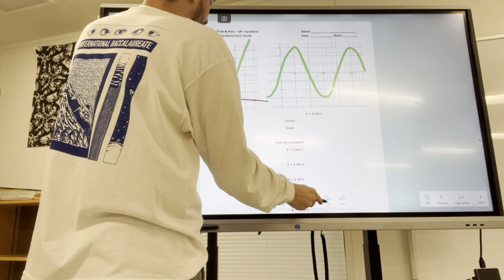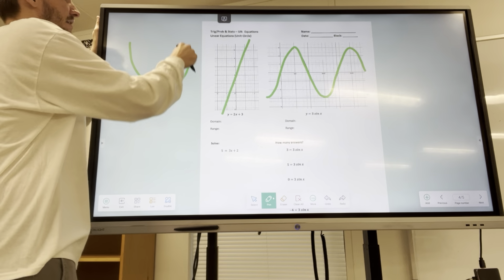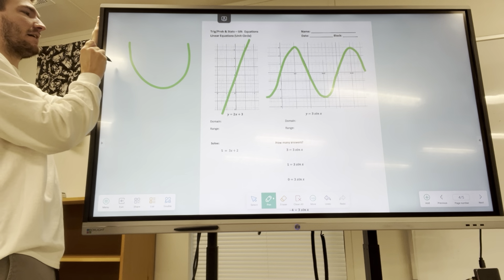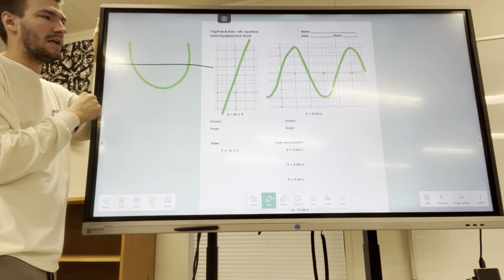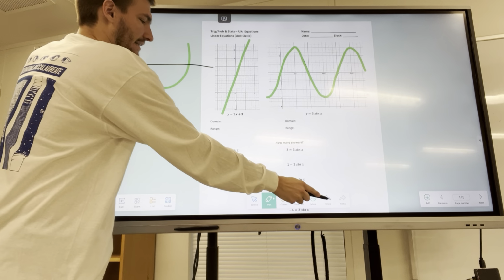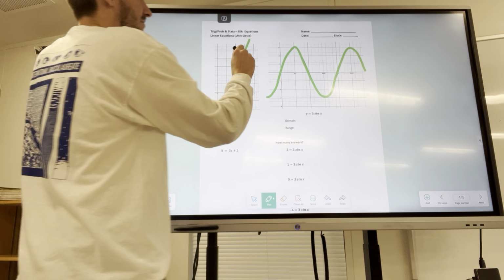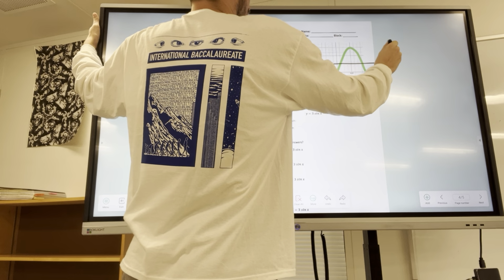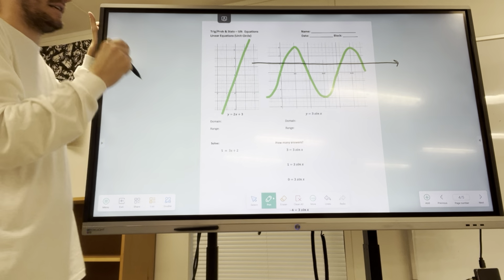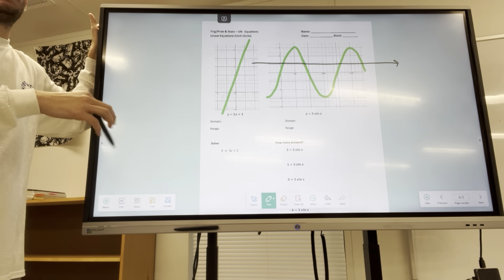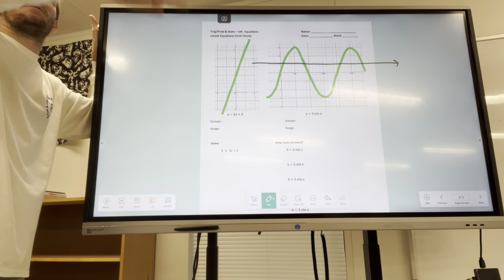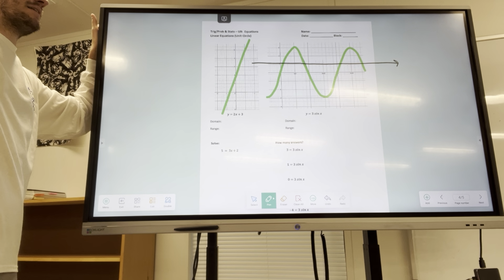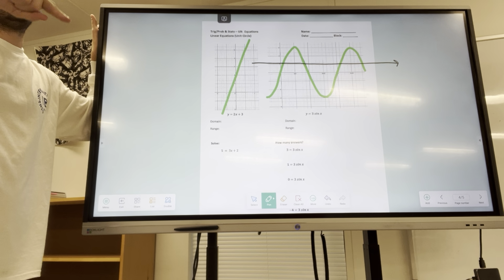Now, the other type of graph you've done before is a quadratic graph. And how many answers do those have? 2. But what happens if we draw a line like that for our sine graph? We have touched it at this point 4 times, and this graph keeps going up and down. So how many times have we touched it here?